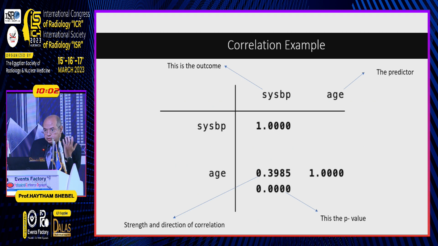This is what is meant by positive correlation. And vice versa is true. So the strength of the correlation here is almost 0.4. We can say it's less than moderate correlation. So we have a strength, and the expression of the strength will be subjective.